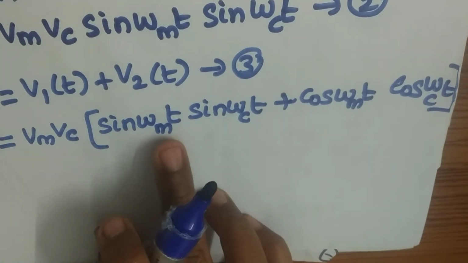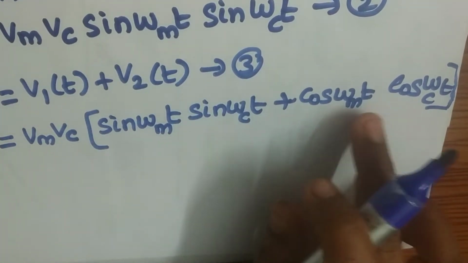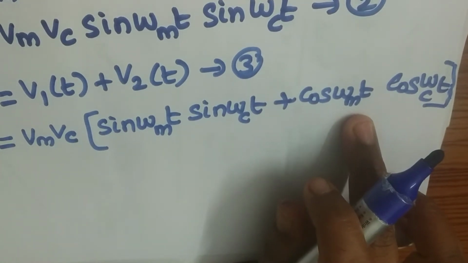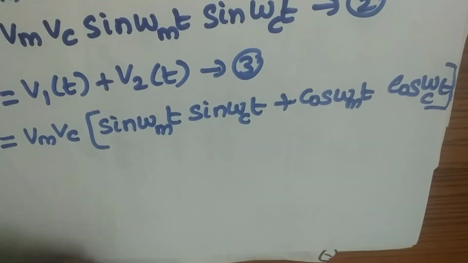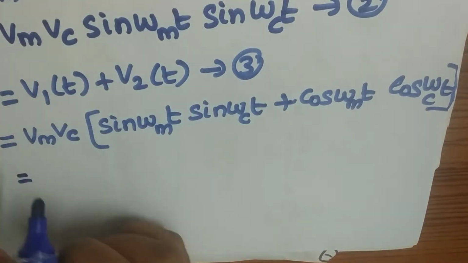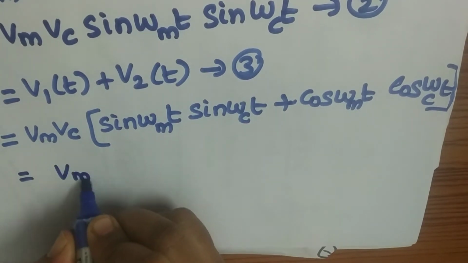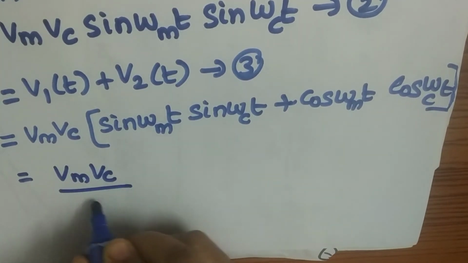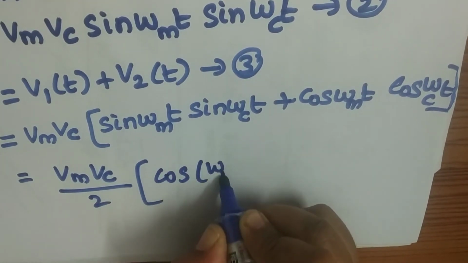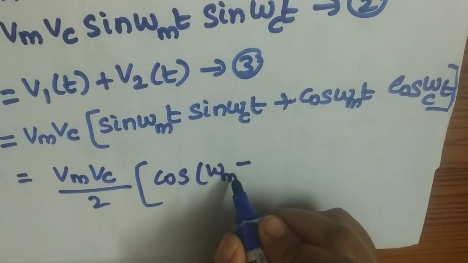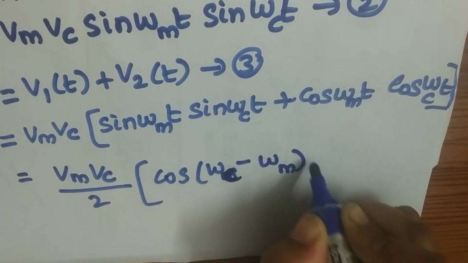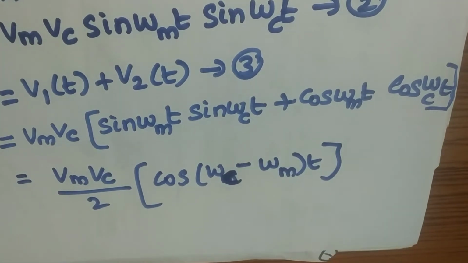This is in the form sin A sin B plus cos A cos B, which is nothing but cos of A minus B. So we can replace this expression by Vm Vc by 2 into cos of omega c minus omega m into t.